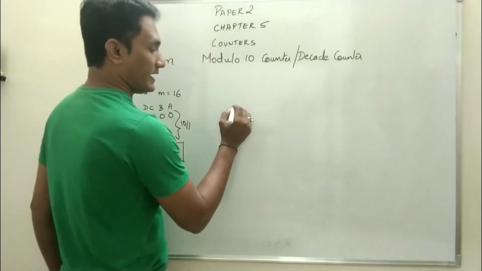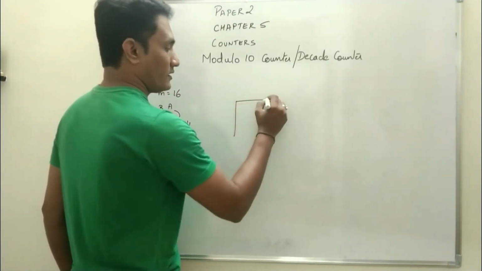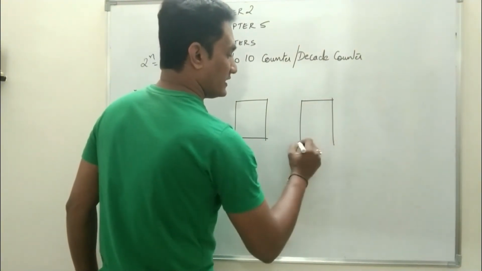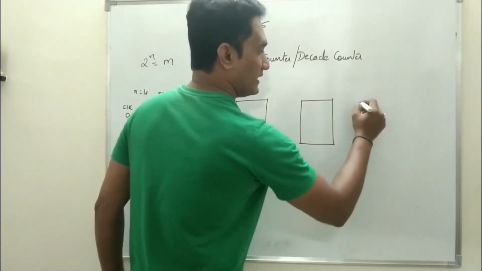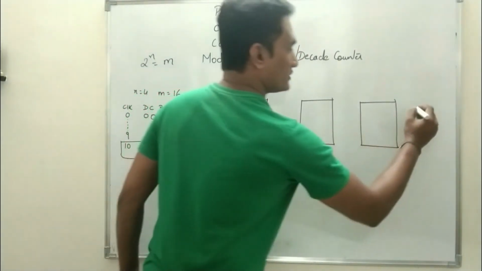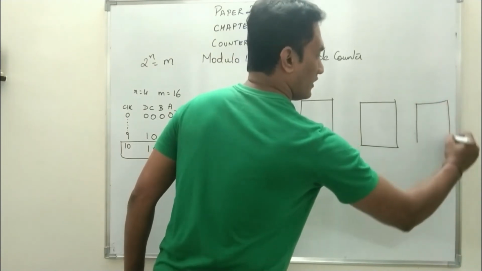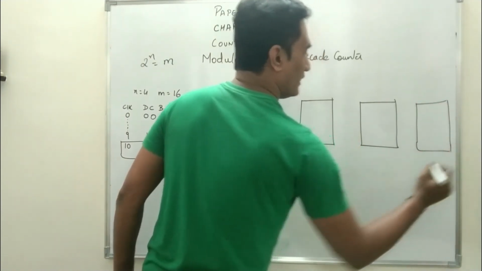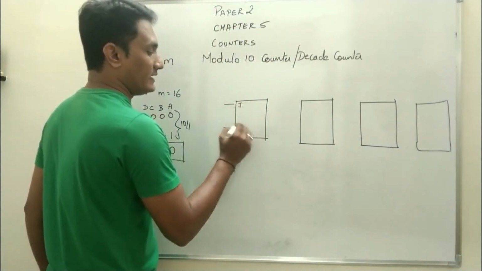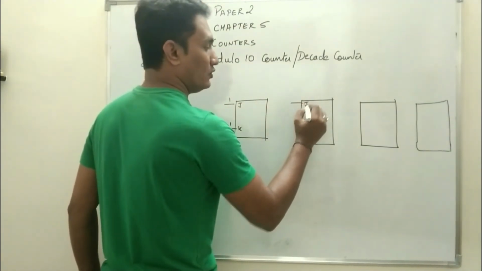Now we have to design 4 JK master slave flip-flops. Of course, all 4 JK master slave flip-flops work in toggle mode. If you are working in toggle mode, that means J and K both should be connected to 1.